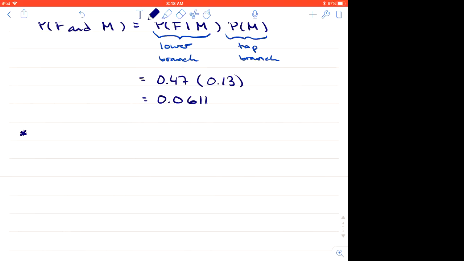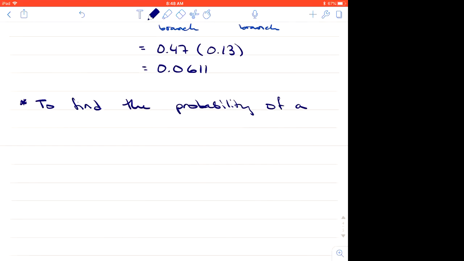We don't need to use those formulas all the time, right? And that's nice because now we see that to get the probability of the first branch times whatever branch we want in the bottom, we can just multiply down. Right? So to find the probability of a, let's call it a stream of branches, really getting natural here.